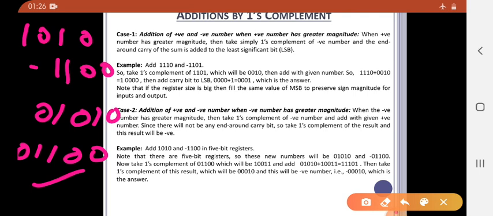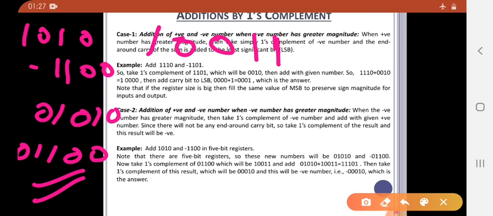All 0s will be converted into 1s and all 1s will be converted into 0s. This is my 1's complement of this number. Now add the positive number into it.